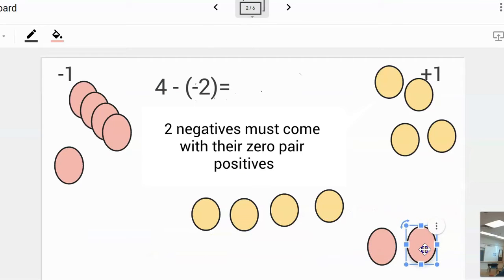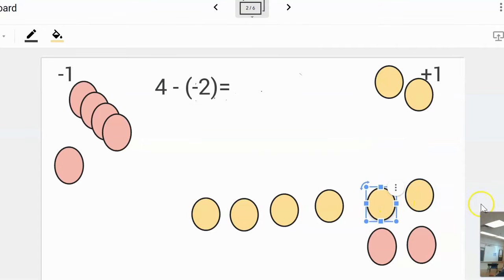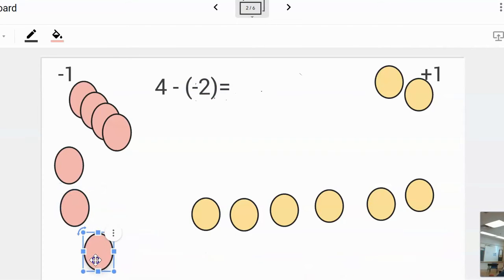This seems really peculiar, but you can't just take away negatives. When negatives arrive in this situation, they come with their opposite, the zero pair. And as such, when you take away 2 negatives now, those negatives get removed and you end up with 6.